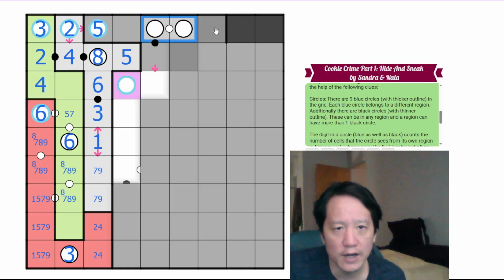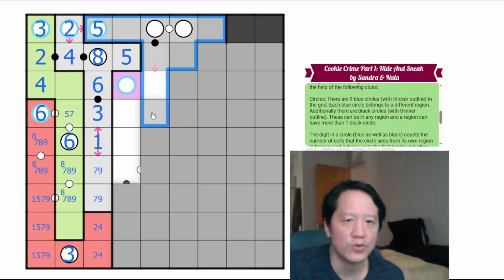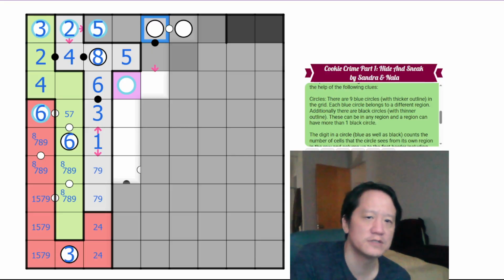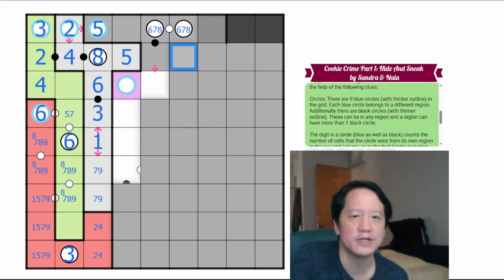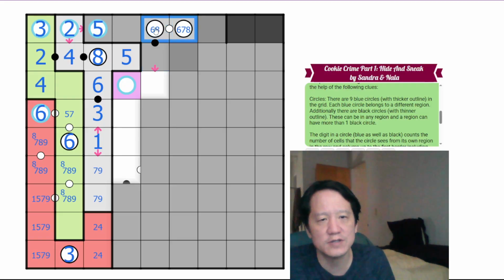So right now, we have 7 cells in the region. That means you can see up to 2 more, which could be 8. So you can have 6, 7, or 8 here, and 6, 7, or 8 there. We're guaranteed, though, one of these is 7. This can't be 7 because it's next to a black Kropki dot, which means this is 7 here.